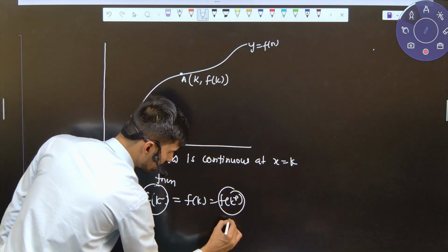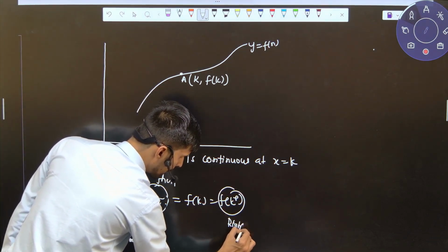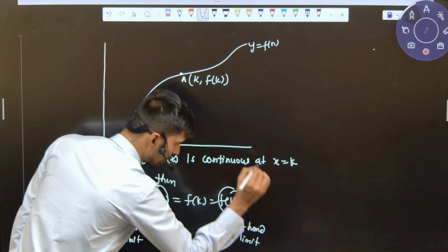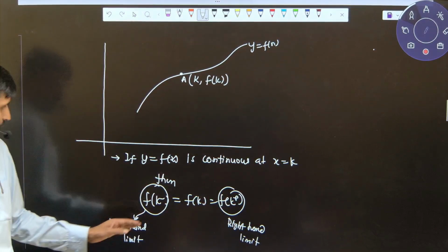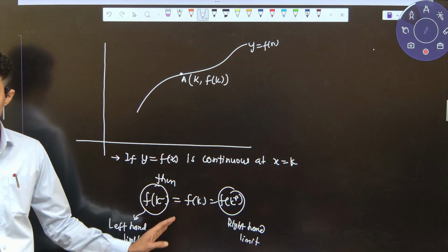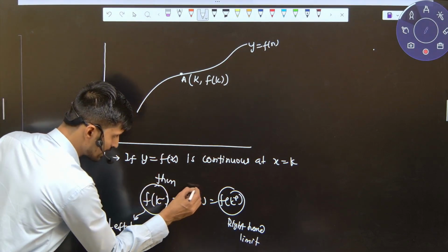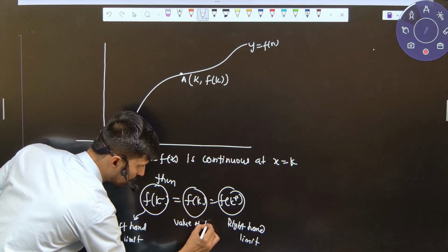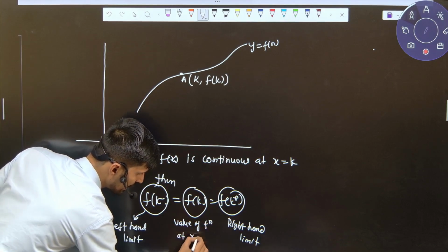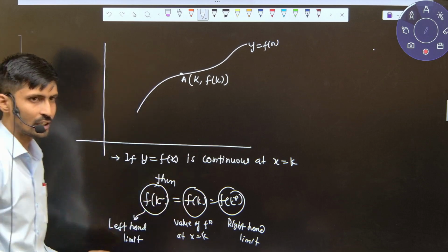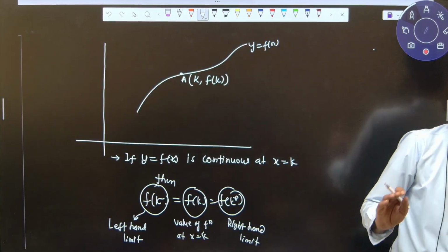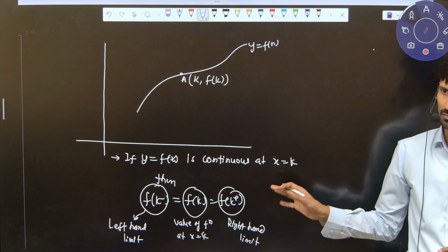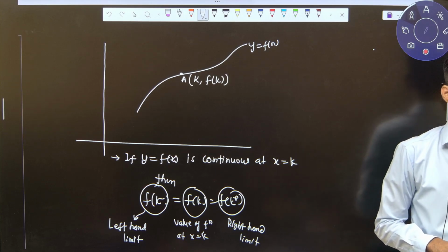This value we say right hand limit. And this is the value of function at x is equals to k. If all three are equal, we will say the function is continuous, and if anything is getting mismatched, we'll say the function is discontinuous.